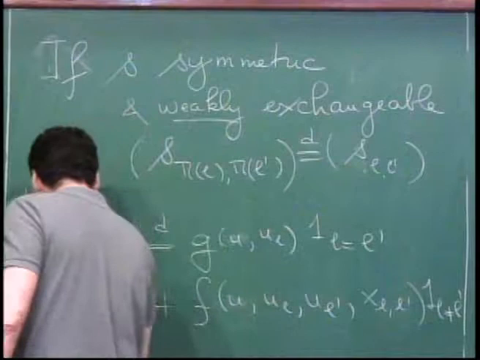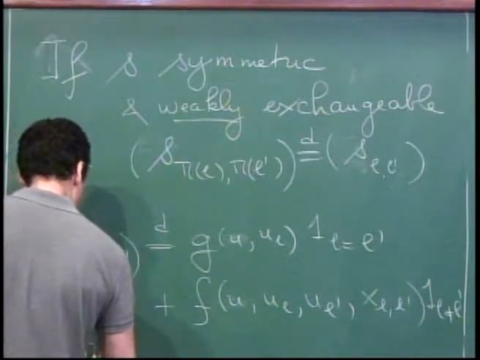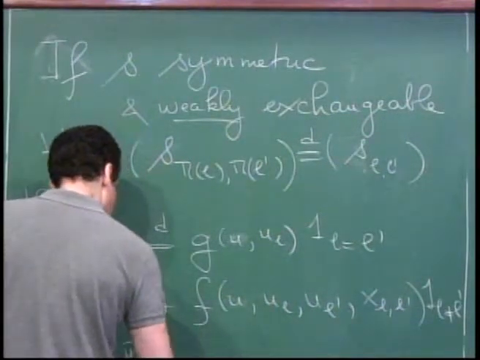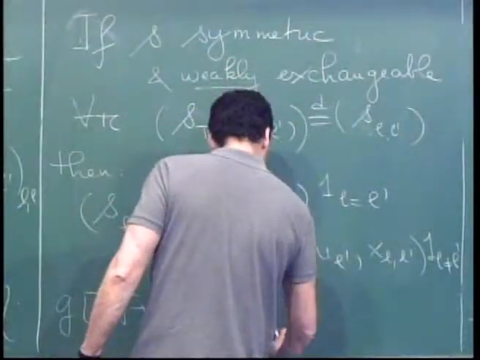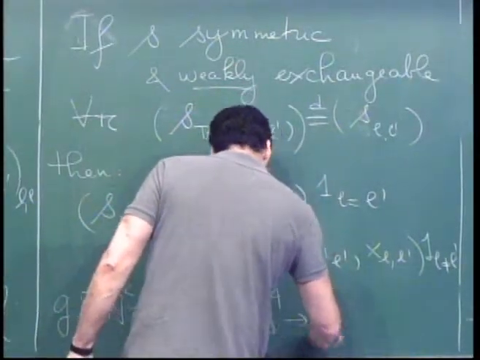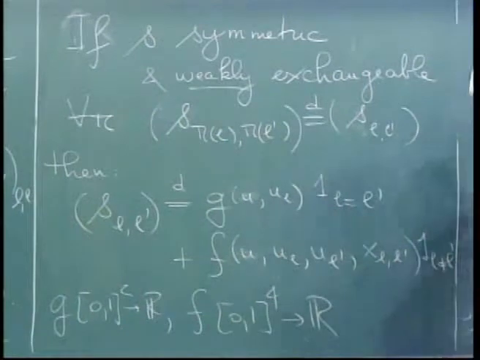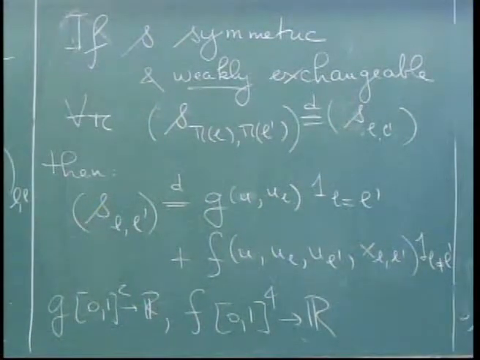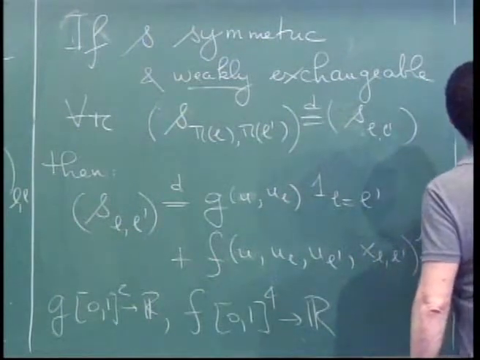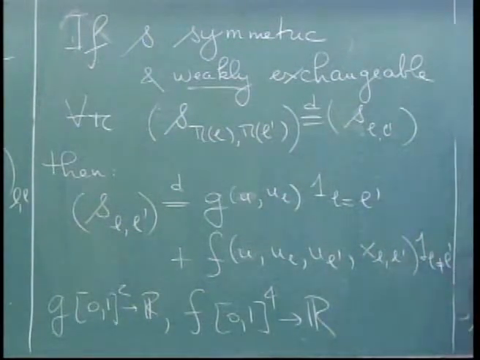And G is a function from [0,1]^2 to R. F is a function from [0,1]^4 to R. And measurable. And F is symmetric with respect to its two central arguments.